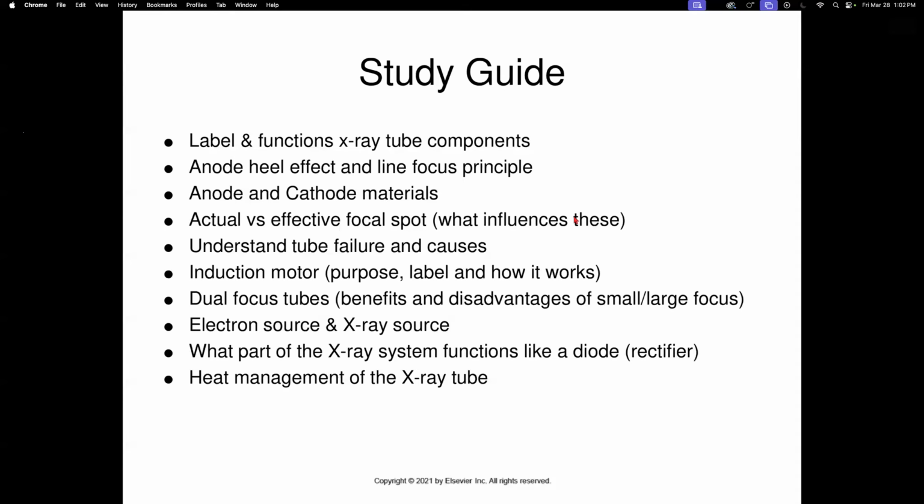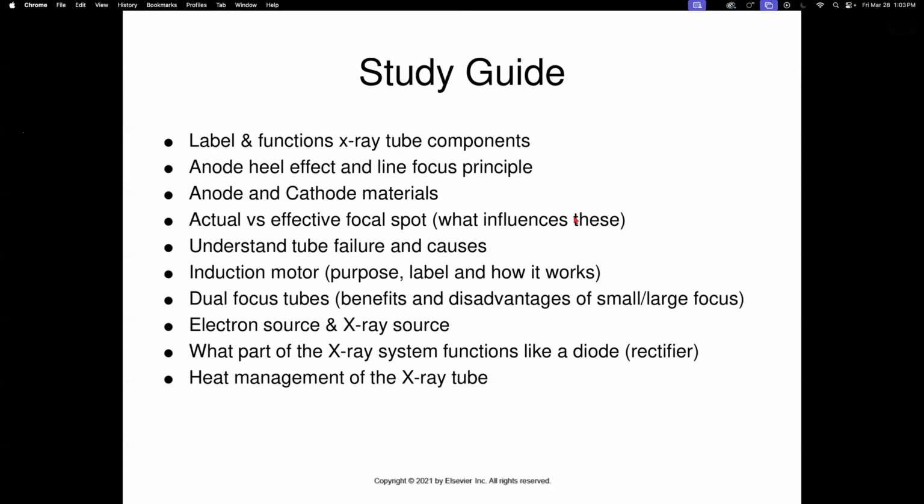It spins the anode target to dissipate heat, and the stator creates a magnetic field to make the rotor spin. Nicely done. Excellent.